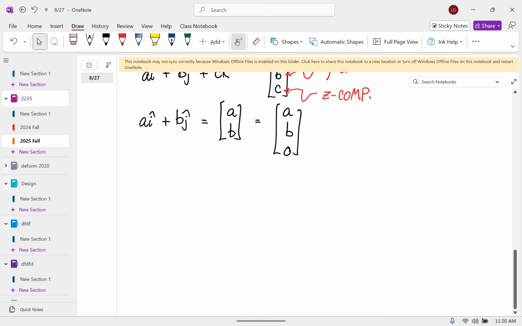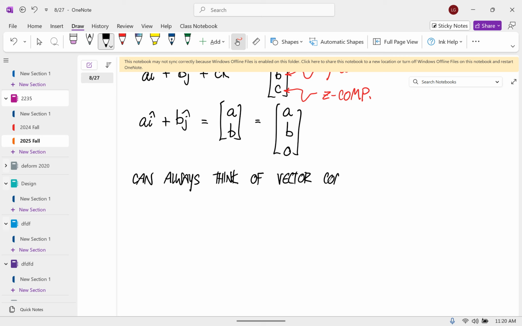So the first thing you need to know about vectors is that you can always think of vector components as the coordinates of the head of the vector when the tail is at the origin.